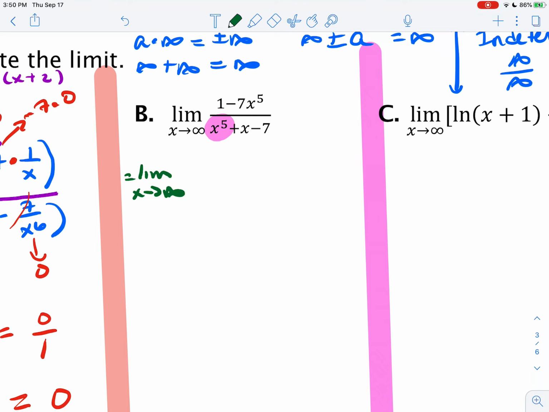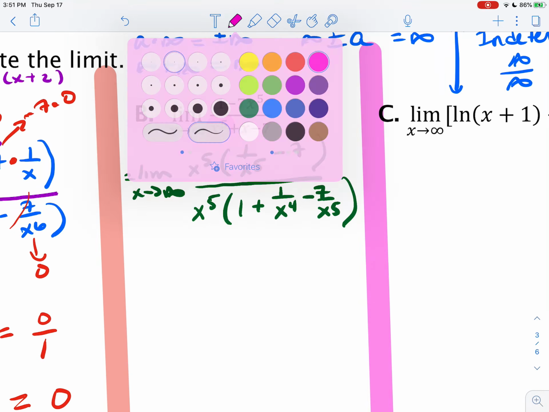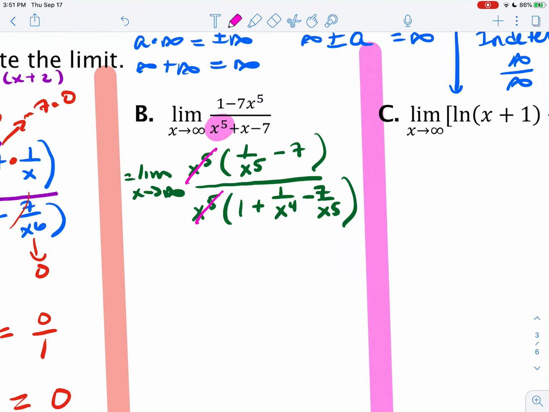So this is going to equal the limit as x goes to infinity of x to the fifth times 1 over x to the fifth minus 7. I'm going to factor out the x to the fifth here, and I end up in the denominator 1 plus 1 over x to the fourth minus 7 over x to the fifth.